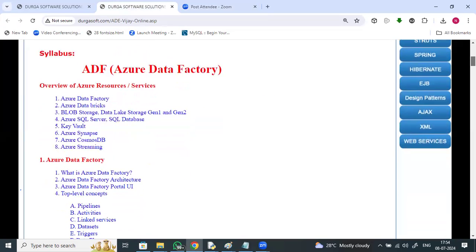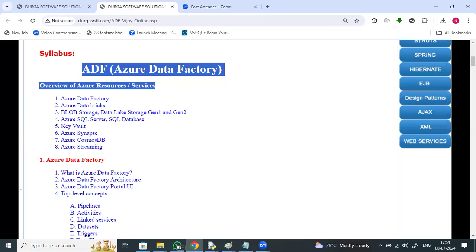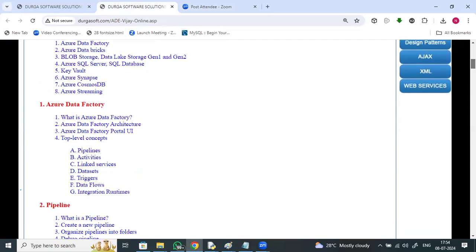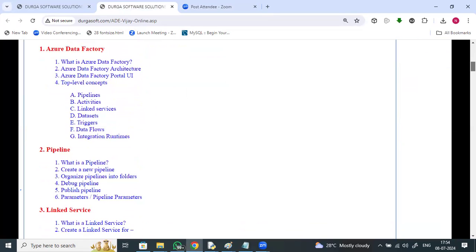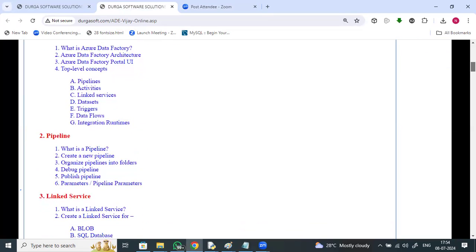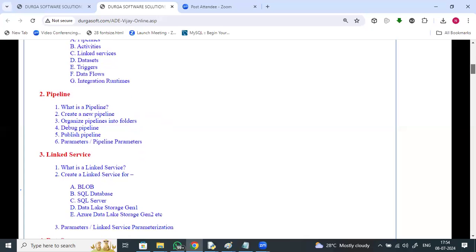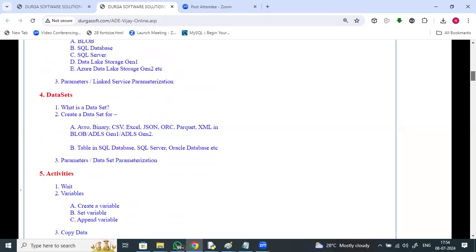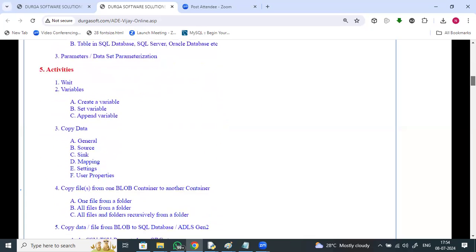Azure Data Factory, right? Starting with people who want only Azure Data Factory. Yes, first I'll be starting with Azure Data Factory, for those who want only that or the entire Azure data engineering. In Azure Data Factory, we need to clearly understand pipelines, activities, linked services, datasets, triggers. What are datasets? What are the activities, copy?